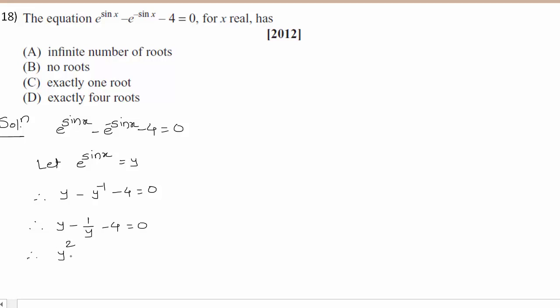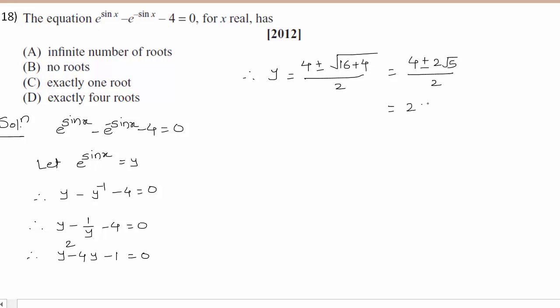That is y square minus 4y minus 1 equals 0. So the roots are, by formula method, minus b plus minus under root b square minus 4ac upon 2a. I am directly putting values, which is 4 plus minus root 20, that is 2 root 5, on 2. So 2 plus minus root 5.